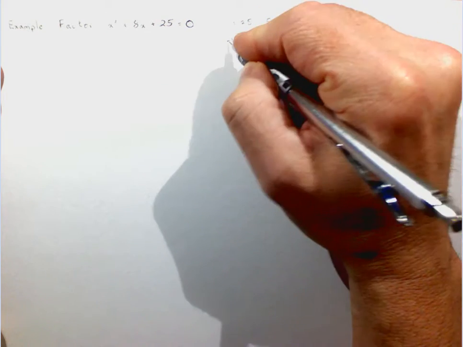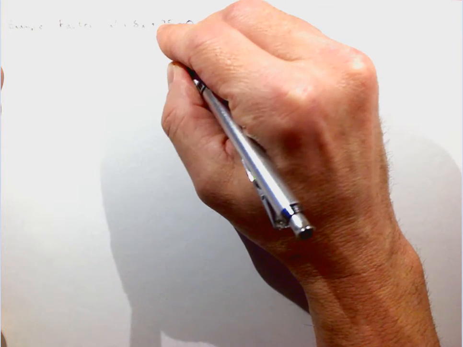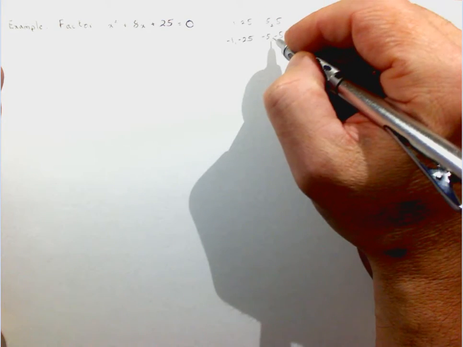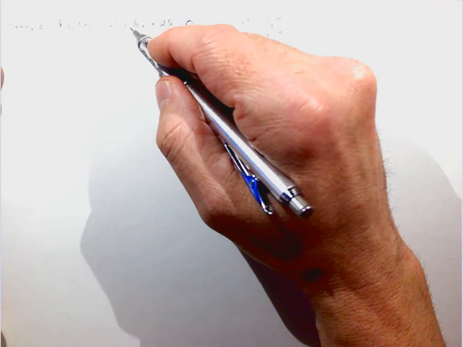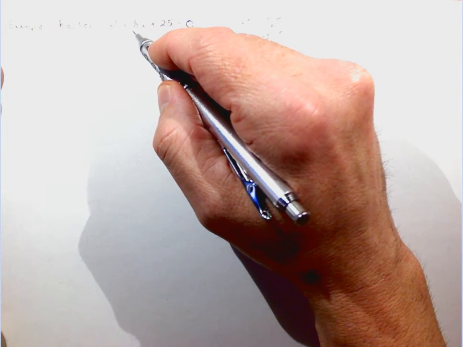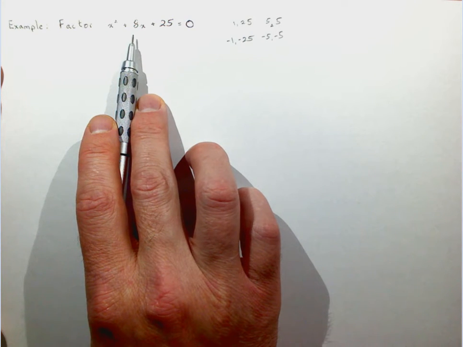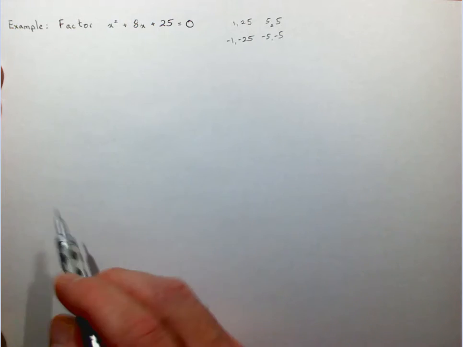These four sets, because a negative times a negative is a positive, it's plus 25. I cannot take the sums of those and end up with 8. So I can't factor in its current form.